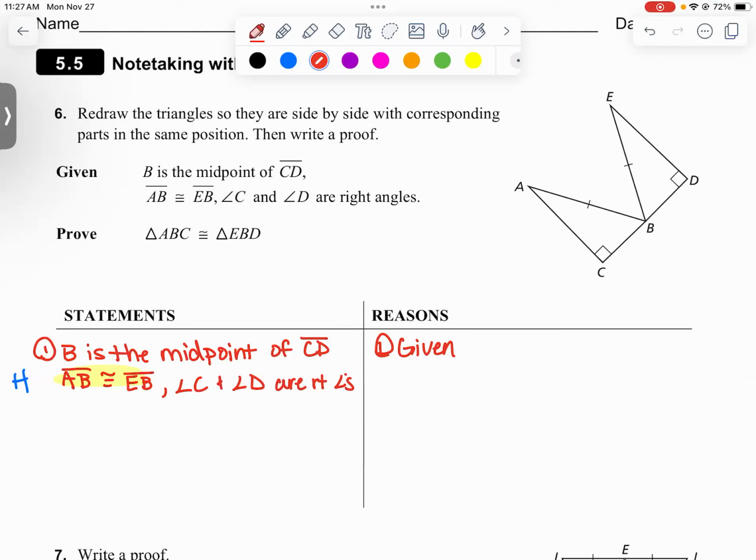We need hypotenuse, leg, and the fact that it's a right triangle. Hey, do we have right triangles? It says C and D are right angles. So we can say that triangle ABC and triangle EBD are right triangles, because that's the definition of a right triangle. So there's that piece of information.